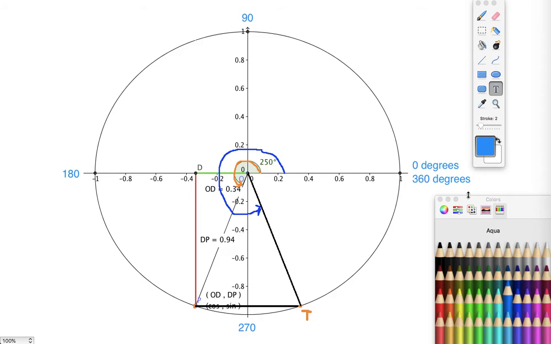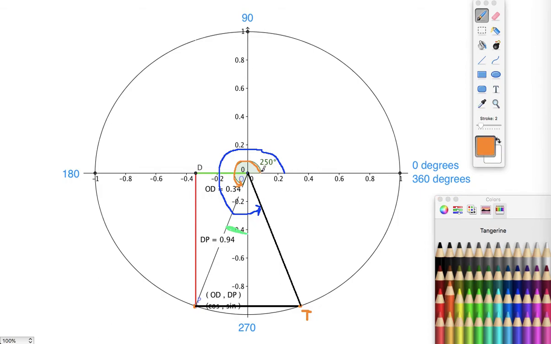Okay, so one way you can solve this is by looking at, I know this vertical line is 270. So I could figure out the distance from here to here. How many degrees is that?